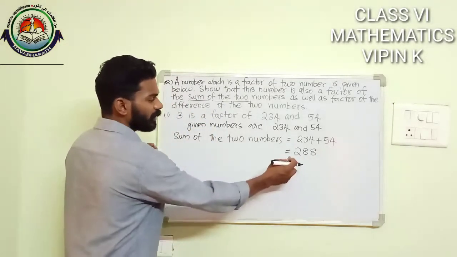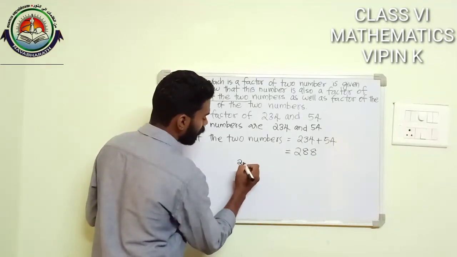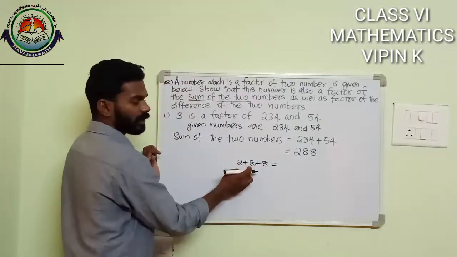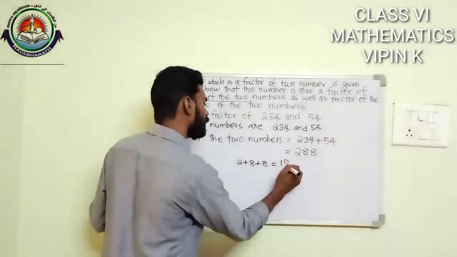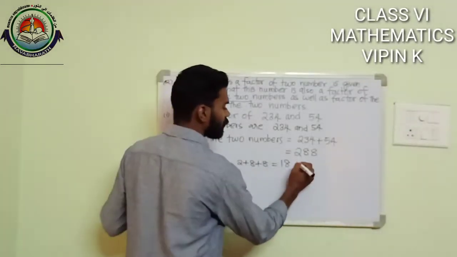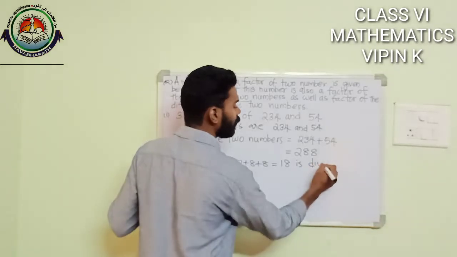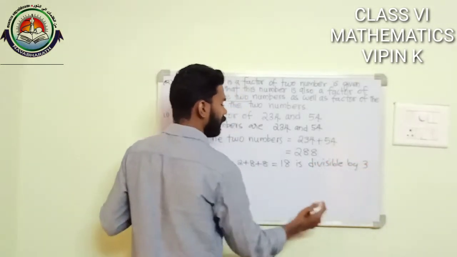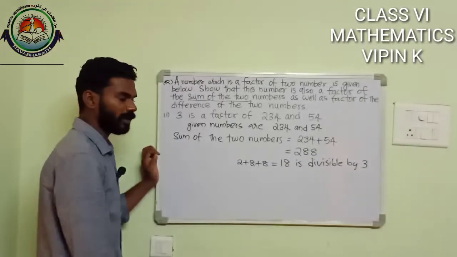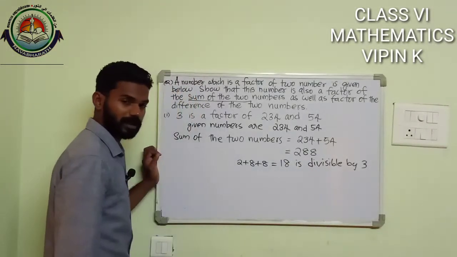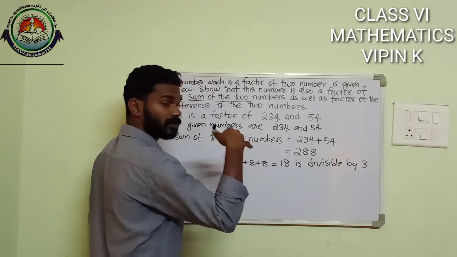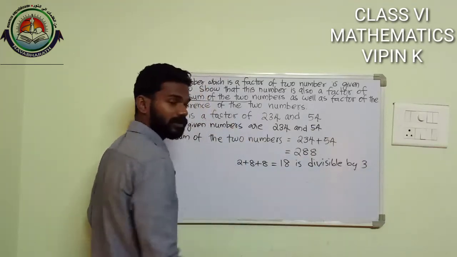So what would be the sum here? 2 plus 8 plus 8, which would be 2 plus 8, 10, 10 plus 8 would be 18. 18 is a multiple of 3, so we can say that 18 is divisible by 3. So we can also say that 288 is divisible by 3.